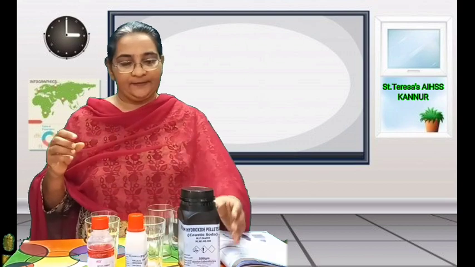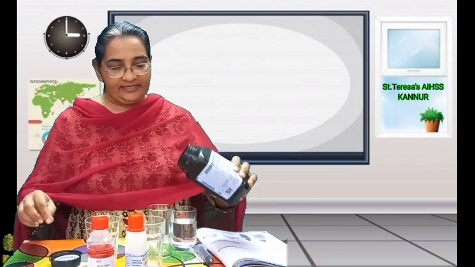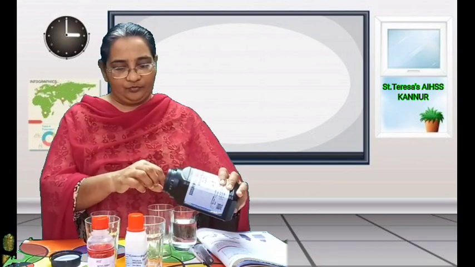The teacher is going to do a very small experiment here. For that I am taking, what is this? Sodium hydroxide or caustic soda. This is used for making soap also. So I am taking caustic soda pellets, one or two pellets, I am putting them into the glass, and then I am making a solution.